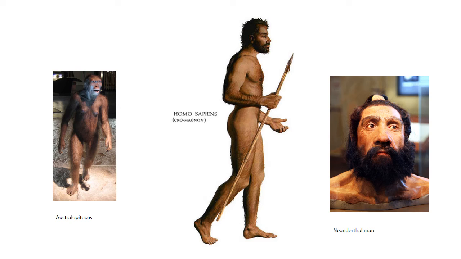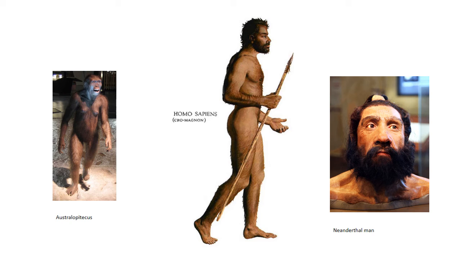And two kinds of fossils were discovered. Both can be classified as fossilized remains of Homo sapiens. One box of fossils was found in modern-day France, a village called Cro-Magnon, and this type of Homo sapiens was called Cro-Magnon Homo sapiens. It's like a direct ancestor of us.